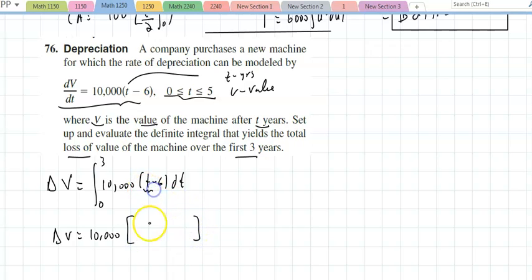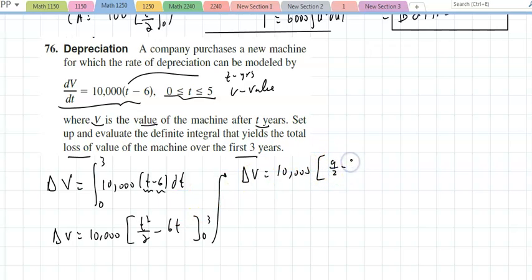What's the integral of t? That's t squared over 2. What's the integral of 6? 6t. Evaluated from 0 to 3. The change in the value would be 10,000, a 3 in there, 9 over 2 minus 18. If you put the 0 in, doesn't that get you a 0? So the change in value would be, I could do this by hand, but I have a calculator.